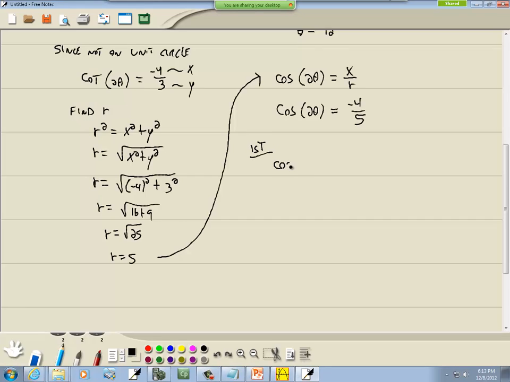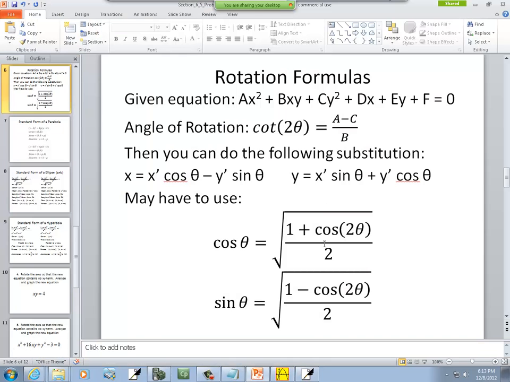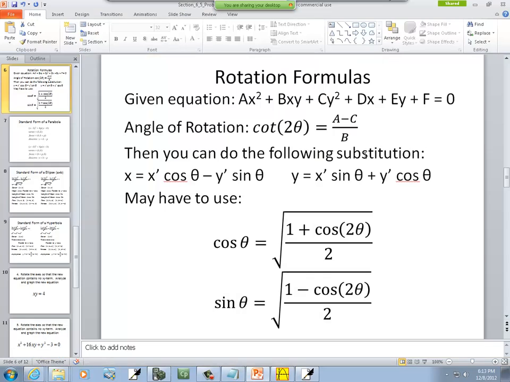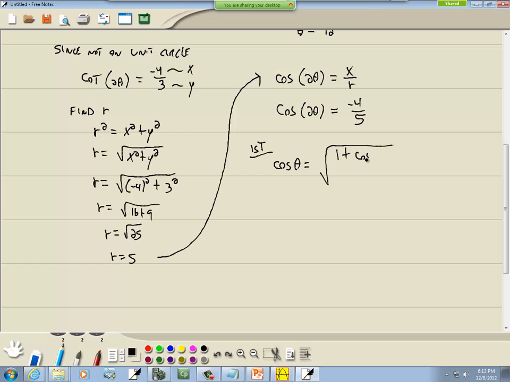First, let's look at the cosine. Cosine theta is equal to the square root of 1 plus cosine 2 theta over 2. So this would be 1 plus negative 4/5, so 1 minus 4/5 over 2.